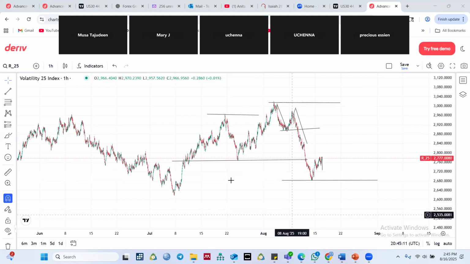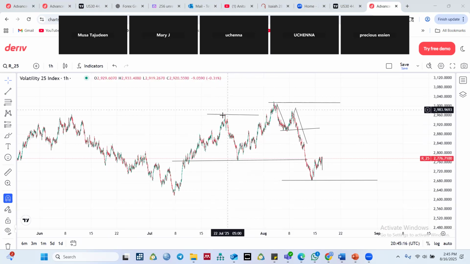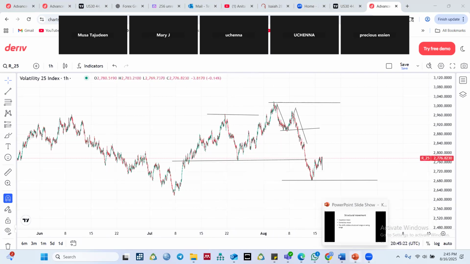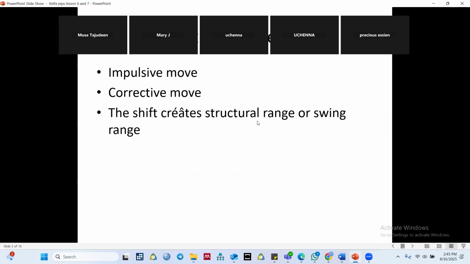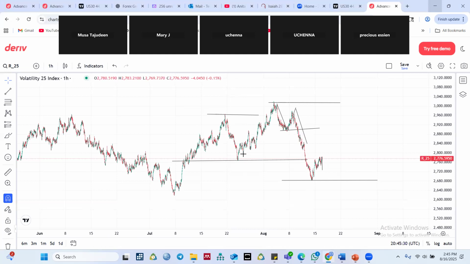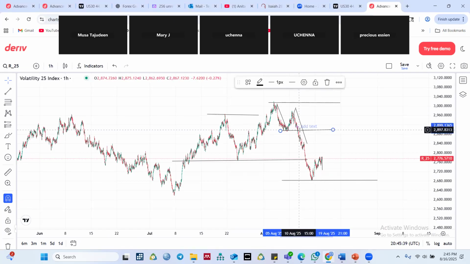Okay, if we are using this low and this high as our context, because this low took out this high, in that context we can call it a swing, a structural range or a swing range. So once we failed the swing and took this low out, at this point, are we going to call it change of character and a shift of structure?